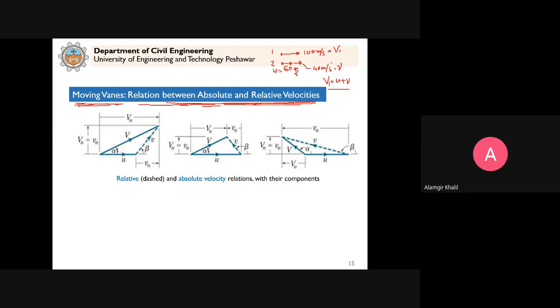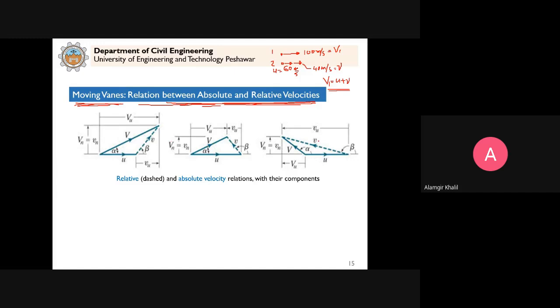This is the relationship for a linear system: v1 is equal to u plus the relative velocity. Now if we have a situation where any of these triangles are formed, we still have v1 equal to u plus small v.